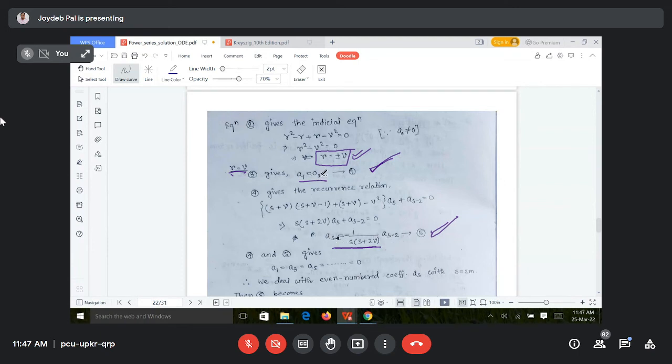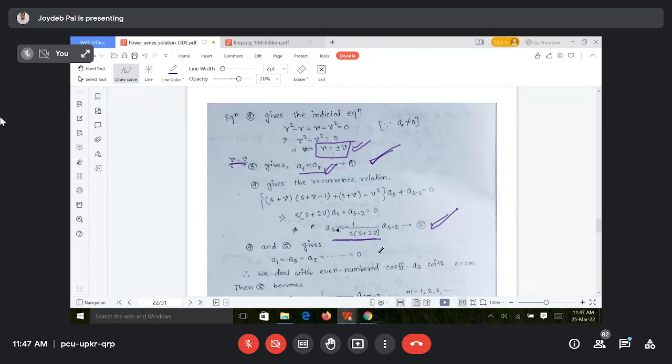So by using a1 equal to 0 and the recurrence relation, we get that all the odd term coefficients a1, a3, a5, a7 are 0. Therefore, the only non-zero terms are the even degree terms, right?